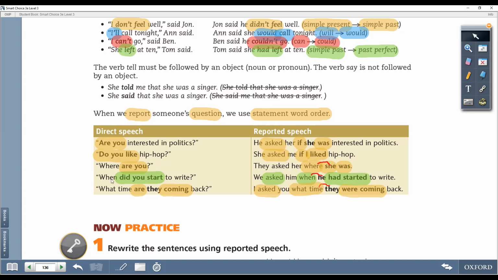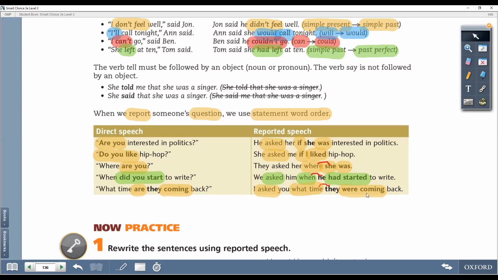So, "When did you start to write?" It's a question. It's in the simple past. So here, when we report, we asked him when he had started to write. And "What time are they coming back?" Present continuous. So I asked you what time they were coming back.